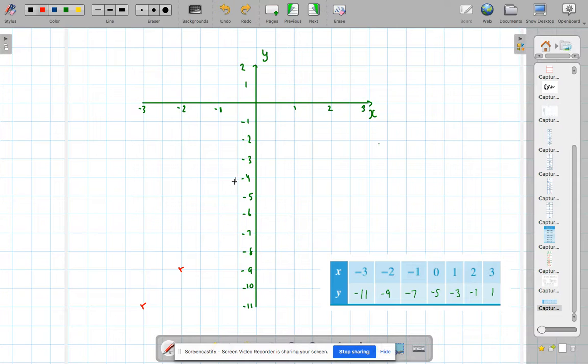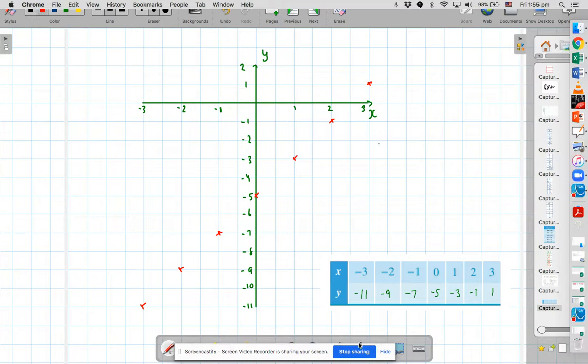That'd be better. So negative 1, negative 7 is there. Next one is 0, negative 5. Next one is 1, negative 3. So x coordinate, y coordinate. Second last one is 2, negative 1. And the last one is 3 and 1, which is there.